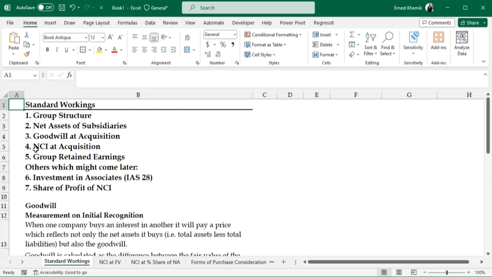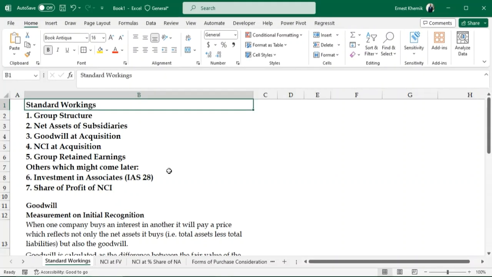There, we defined what a parent is, what control is, and why a parent might be exempted from preparing consolidated financial statements. We also started IFRS 3, business combinations. So we laid the foundation, the basis of what consolidation is all about. That is IFRS 10, consolidated financial statements.